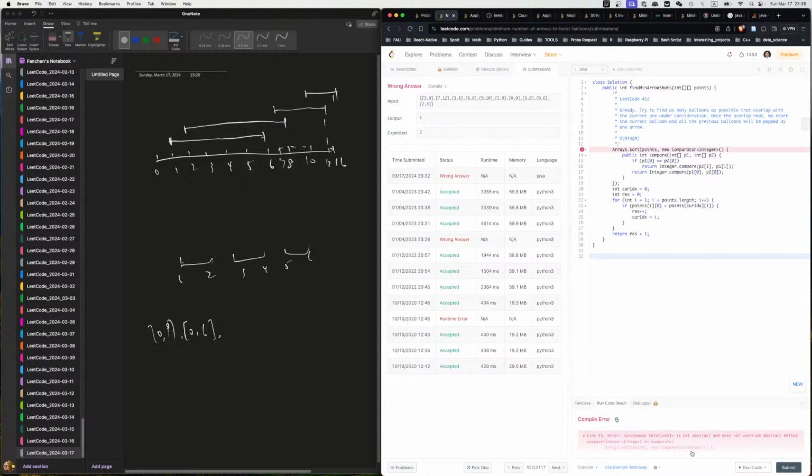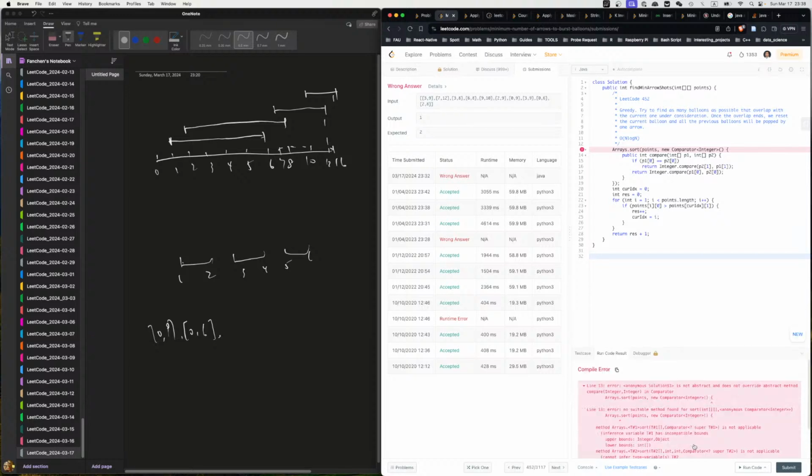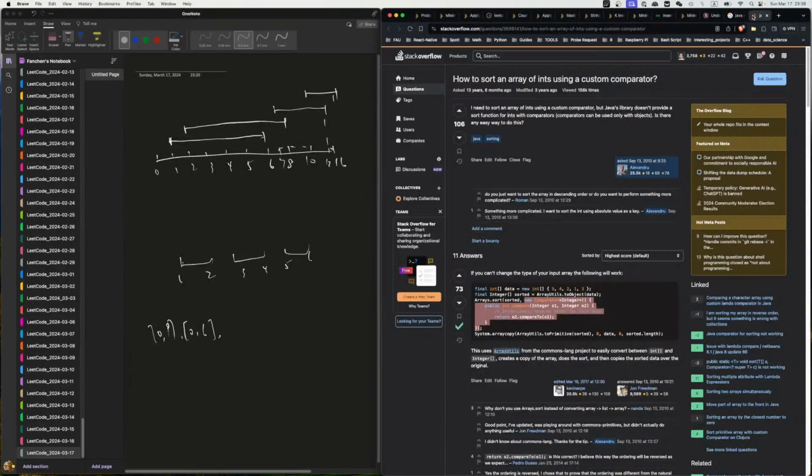It's not override abstract method, compare and comparator. Okay, so that's not the syntax. Oh, I have to do it this way. Damn it.